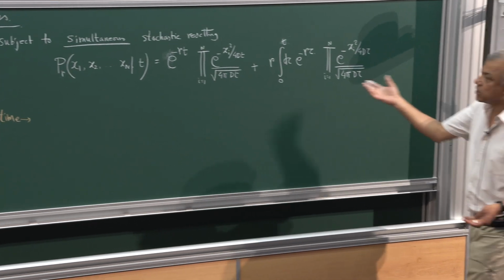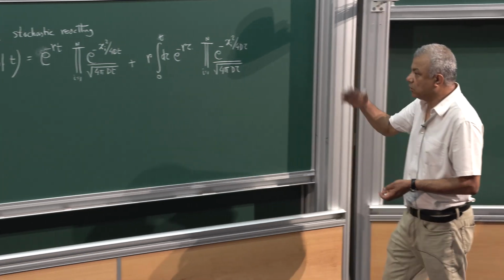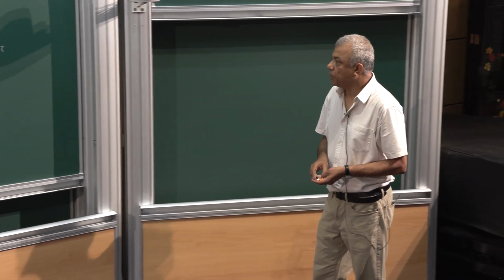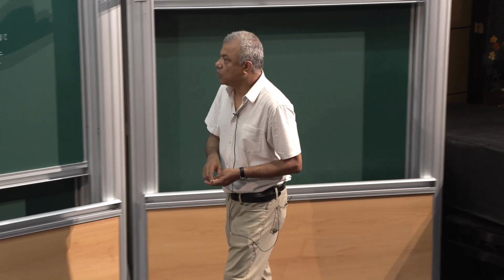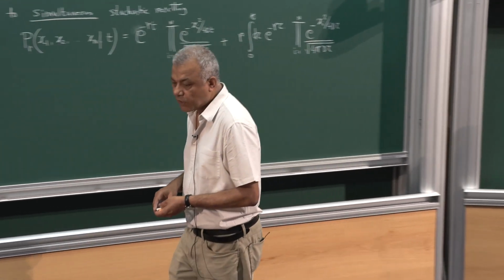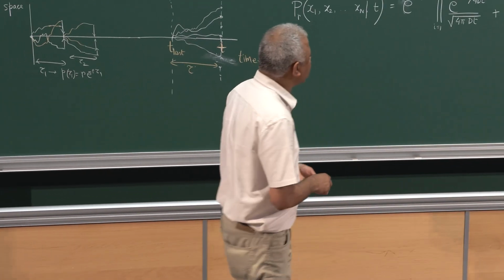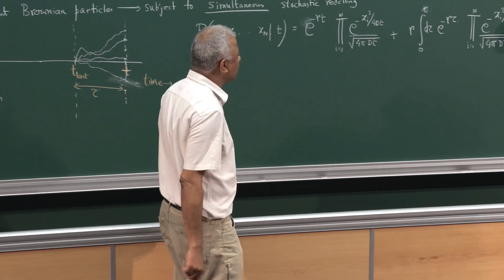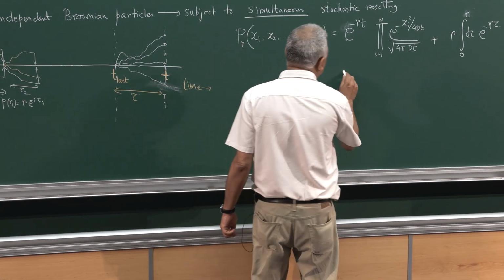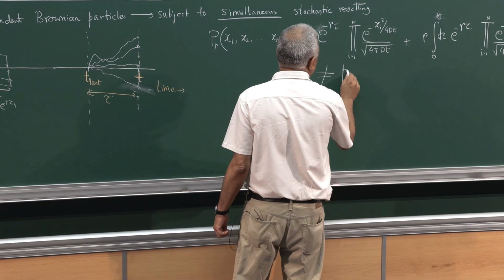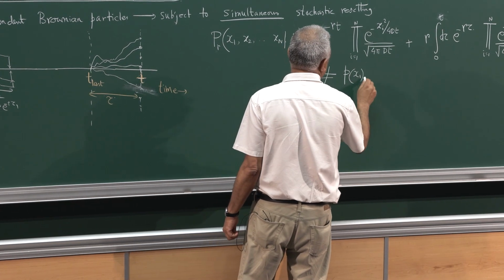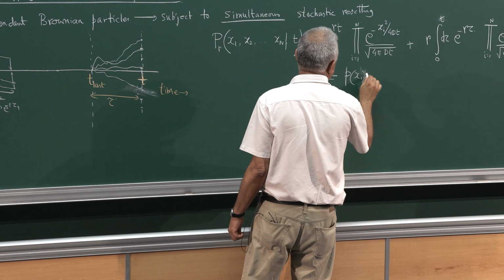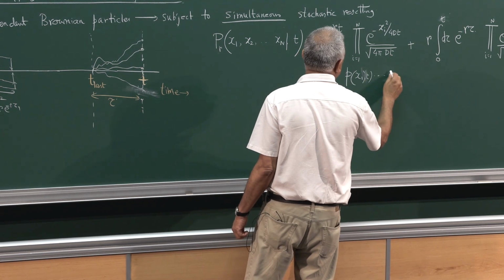And it has a very simple interpretation in terms of these renewal times. So the first thing you notice is that at any time t, including t going to infinity, this is not factorizable. I cannot write it in product form basically.